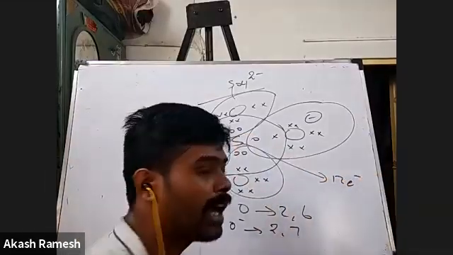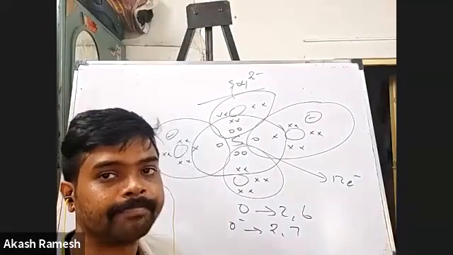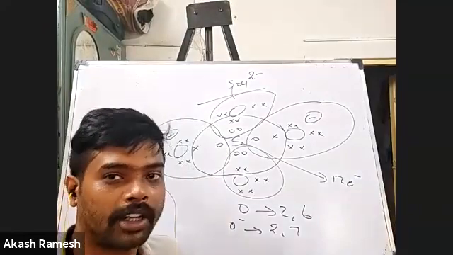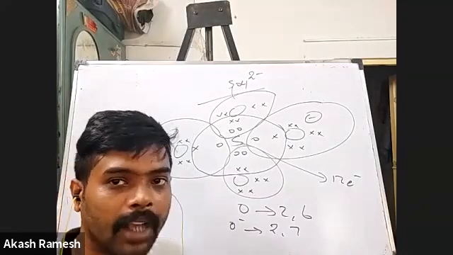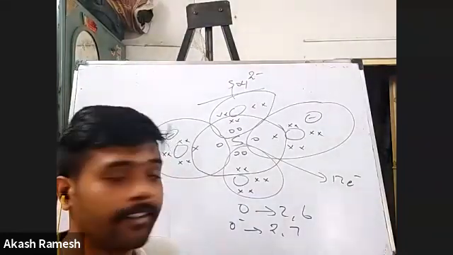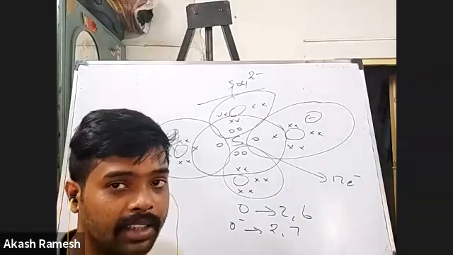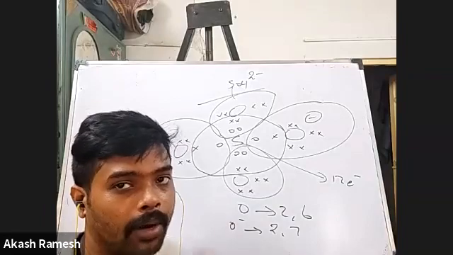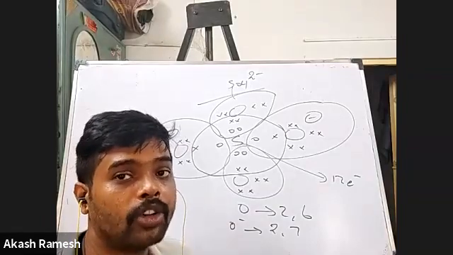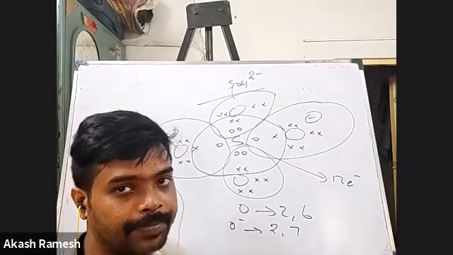Sulfur has 12 valence electrons. Right? So you can see octet is not the only criteria. Understood, guys, how sulfur has 12 valence electrons? Already 6 electrons are there, and 6 more electrons are coming from oxygen for covalent bonding. So that makes it have 12 valence electrons.